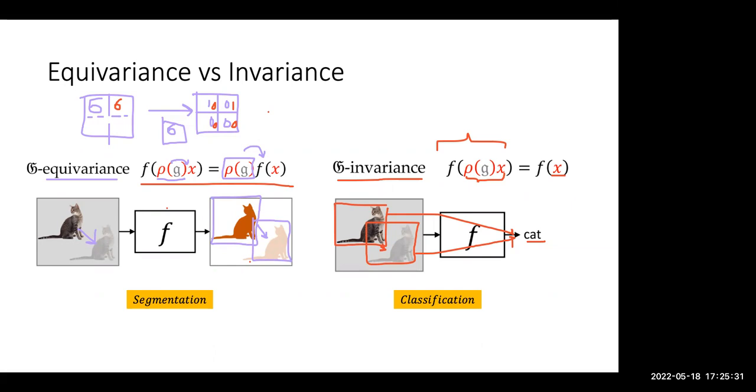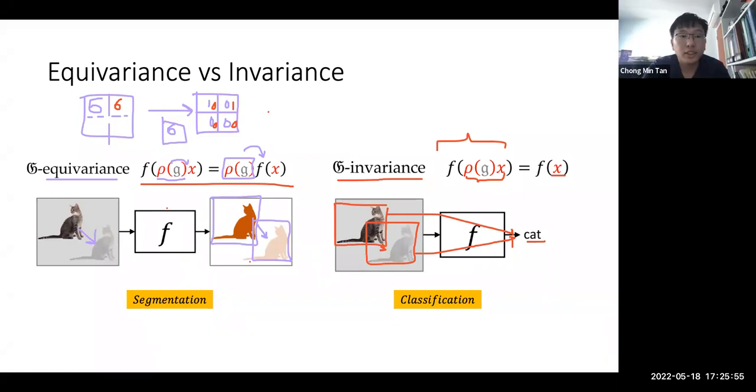But from what I understand earlier, the symmetry in the structure is more related to invariance, right? Where regardless of the input, you get a certain output of the function. But how does that relate to equivariance?